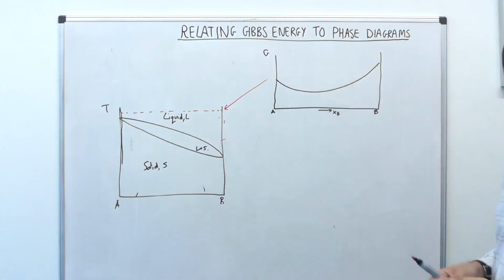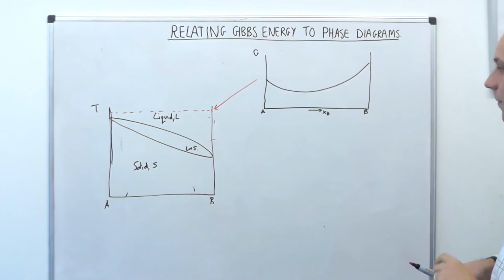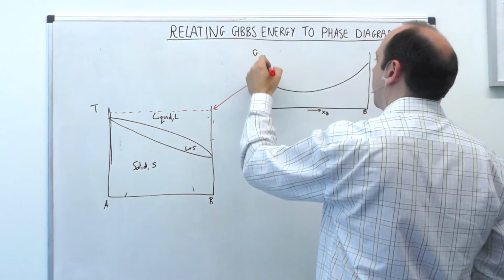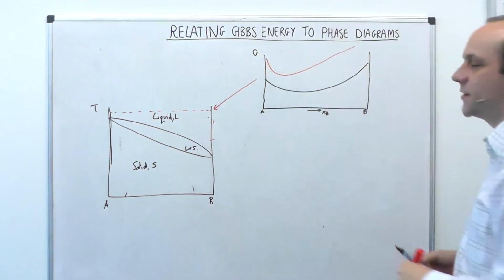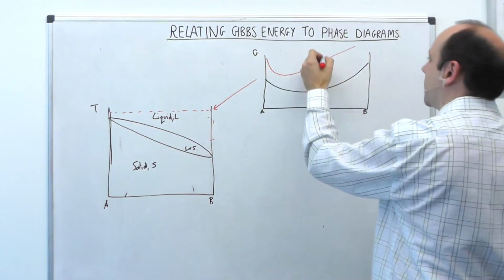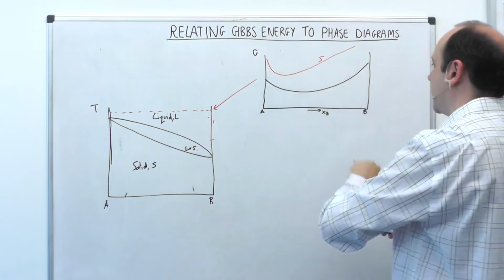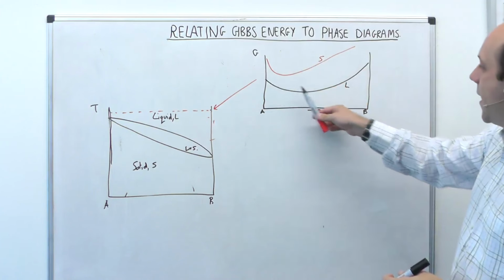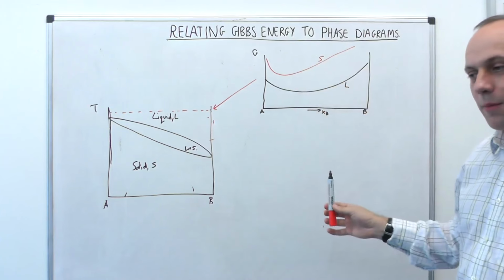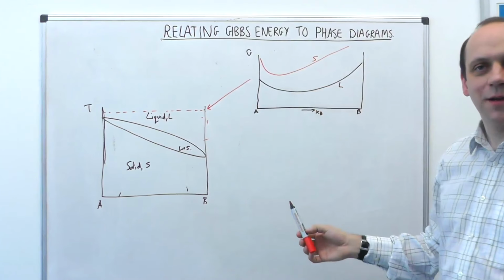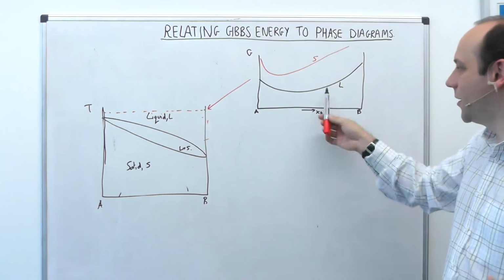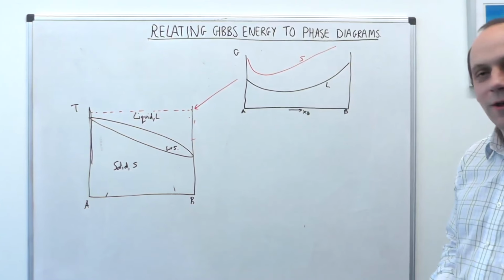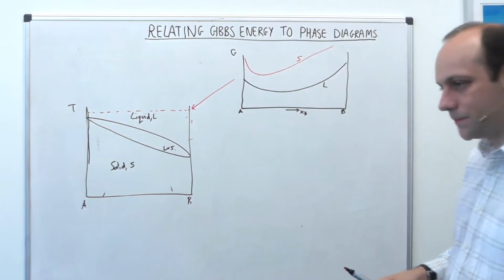And the solid has a curve which is higher across all compositions, so it does something like that. That's our solid, and that's our liquid. There we don't have more than one minimum, so we don't have any phase separation of the liquid. That could happen, but it doesn't in this particular phase diagram. So that's what the Gibbs energy curves will look like, just schematically.